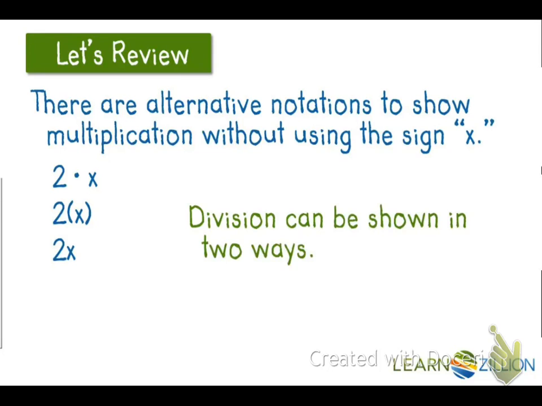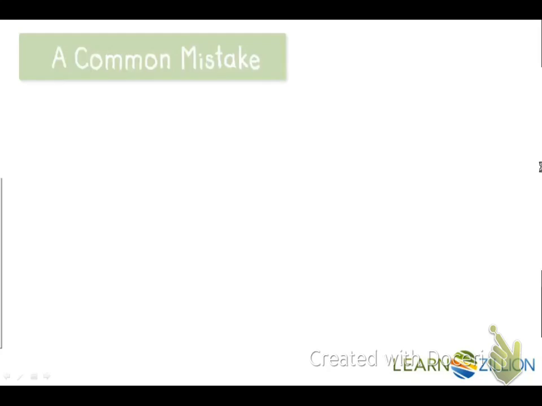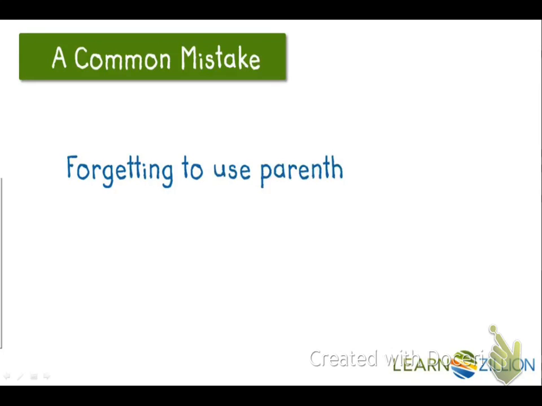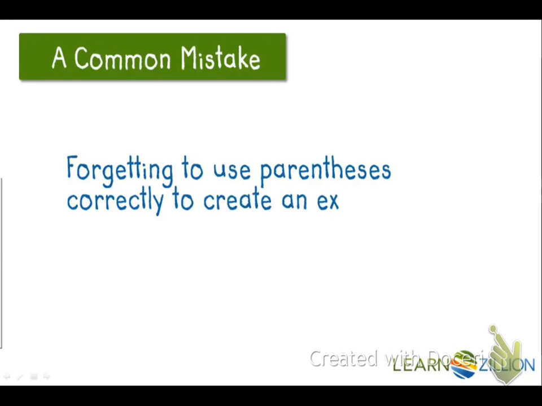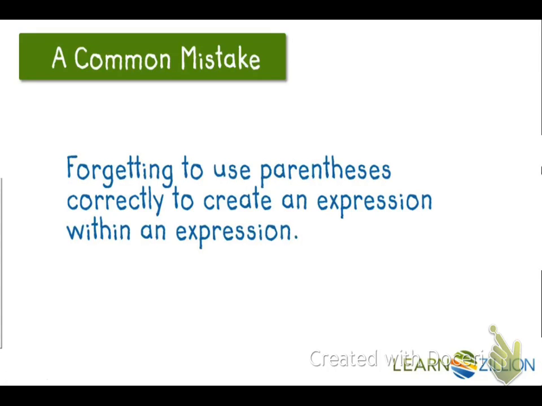Division can be shown in 2 ways as well. We have 4 divided by x, or the more frequently seen notation, 4 over x. That also indicates division, 4 divided by x. A common mistake is forgetting to use parentheses correctly to create an expression within an expression.